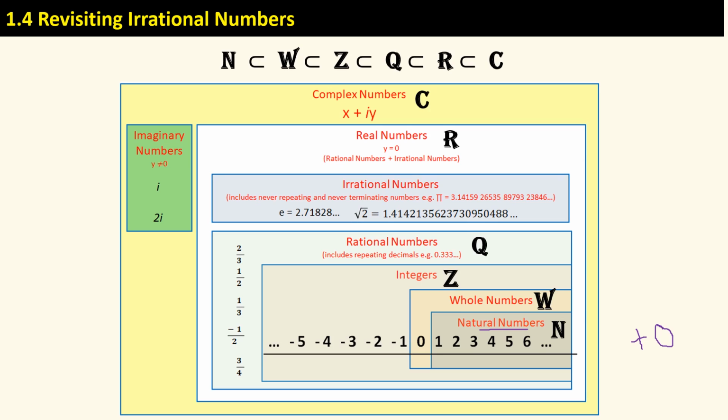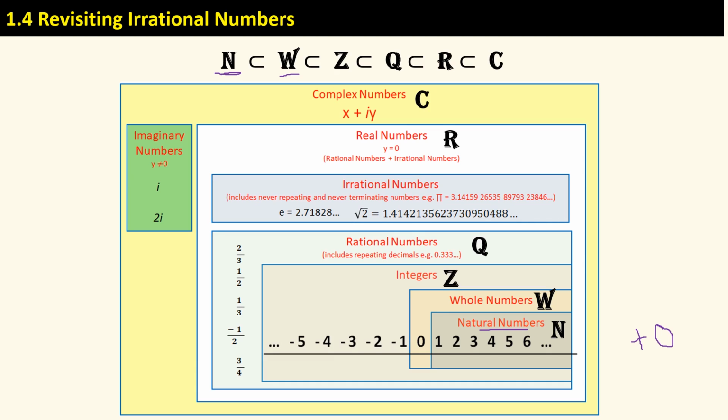So let's have a little bit of different perspective. If N were to represent the set of all natural numbers, then this will be a subset of whole numbers, that is W, which is 0, 1, 2, 3, and so on.